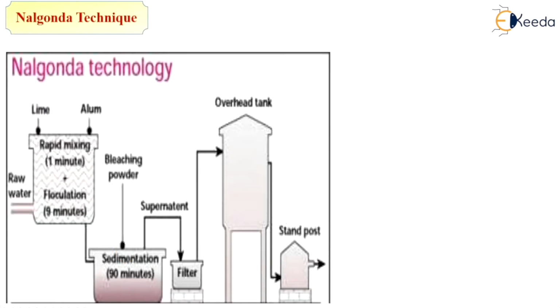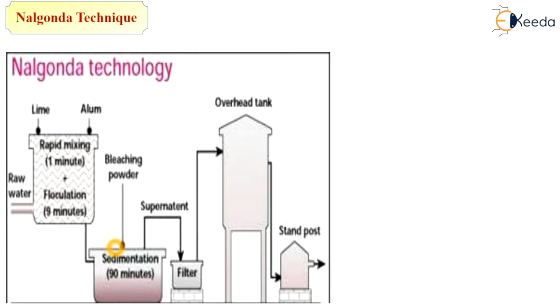As you can see, the raw water comes into this flocculation chamber. In that, rapid mixing occurs and we add lime and alum. After rapid mixing for approximately 10 minutes, this mixed water is passed through the sedimentation tank. In that tank, the detention period is 90 minutes and we add the bleaching powder.